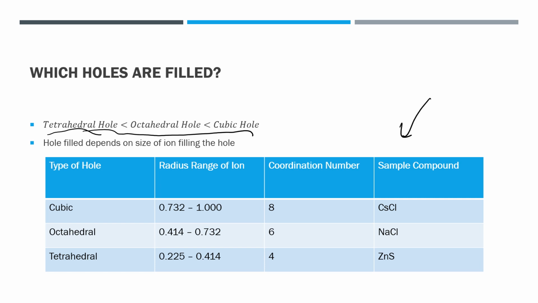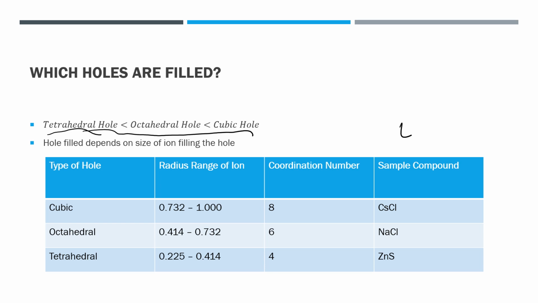So here are the radius ranges, because it's not going to be exactly 0.732 r that fills the cubic hole. It's going to be somewhere in the middle. So the radius range is not exactly the values we calculated, it's a little bit off, but it's essentially around that range.